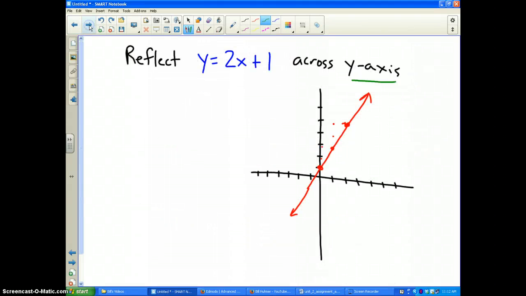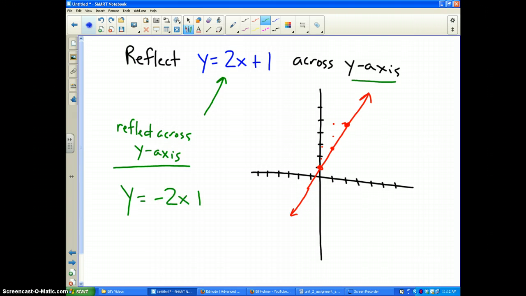So I'm going to go back, and I'm going to rewrite this f of x, this function, to reflect across the y-axis. I'm going to change that sign. So now I get y equals negative 2x plus 1.